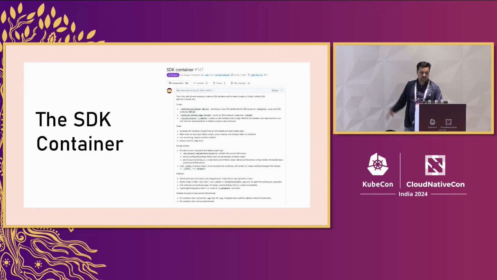What it reads here is that this is the start of the work aiming to create an SDK container and make it the default SDK. So the idea was that at every stage, we build an SDK to build our releases on, and then we build the packages, the images, and all the cloud provider images.